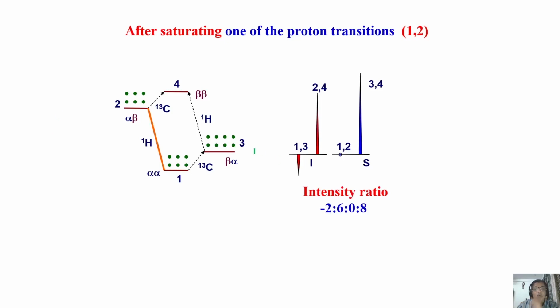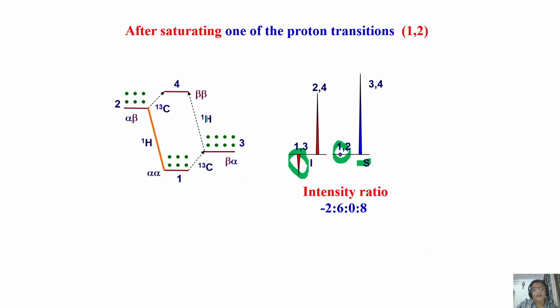Proton, this is saturated, will not give a signal, 0. And this signal, 8 minus 0, is 8. That is not changed. Look at the carbon now. This is 1, this is 6 and 8. This is minus 2.